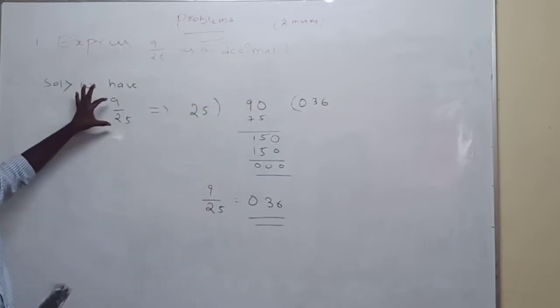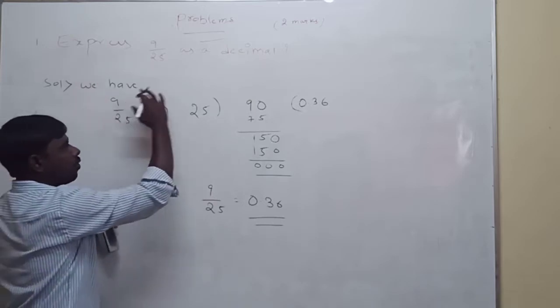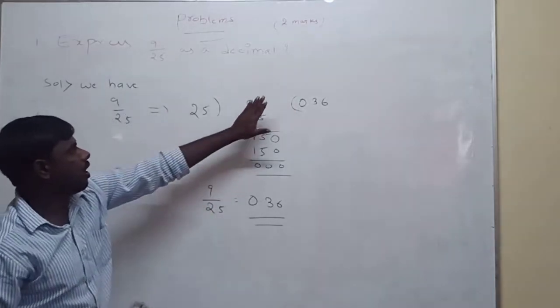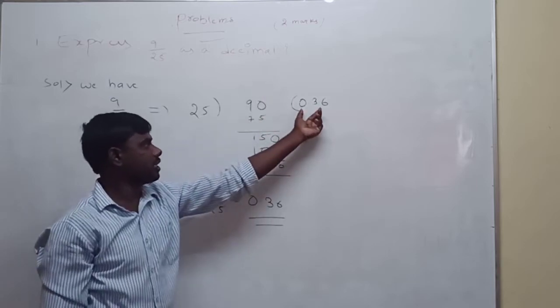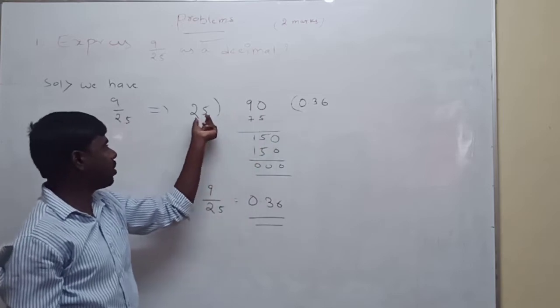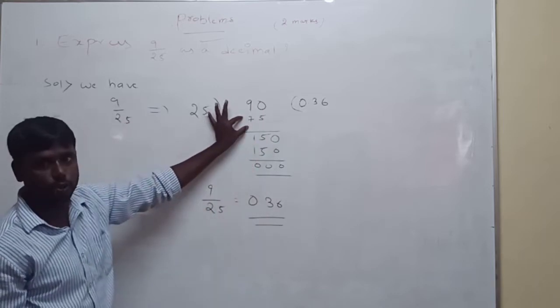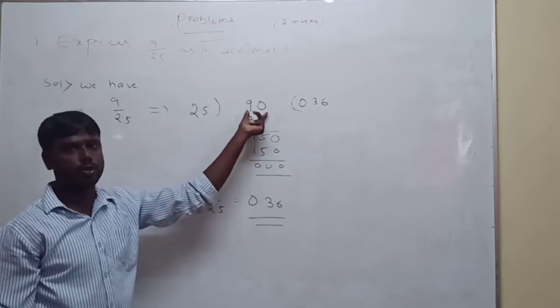So to convert a rational number to a decimal, the numerator value goes here, the denominator value here. The smaller value is not divisible by the larger value, so I put 0 and the point, and after that add a 0. With which number should 25 be multiplied to get near the value? 25 into 3 is 75. 75 is nearest to 90.